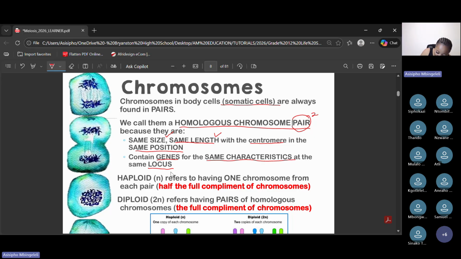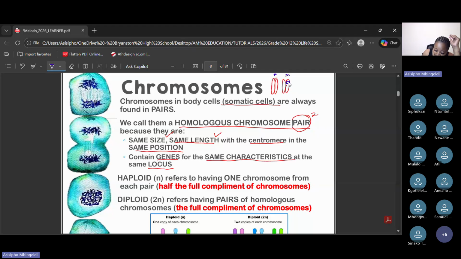So if this is a replicated chromosome from the mother, and this one is a replicated chromosome from the father, this particular position, and this particular position in the other chromosome, remember we said this one may be from the father and this one from the mother. Even if I swap them around, it's fine.